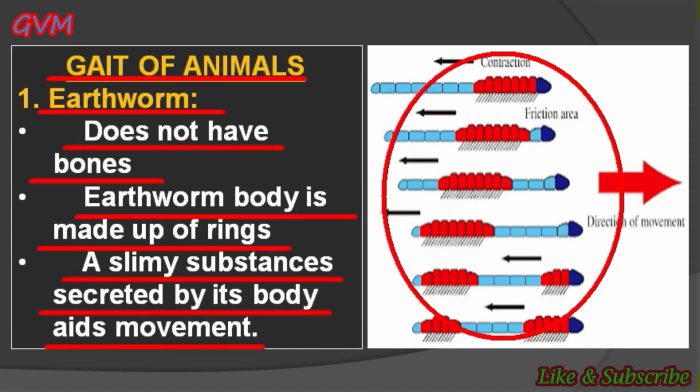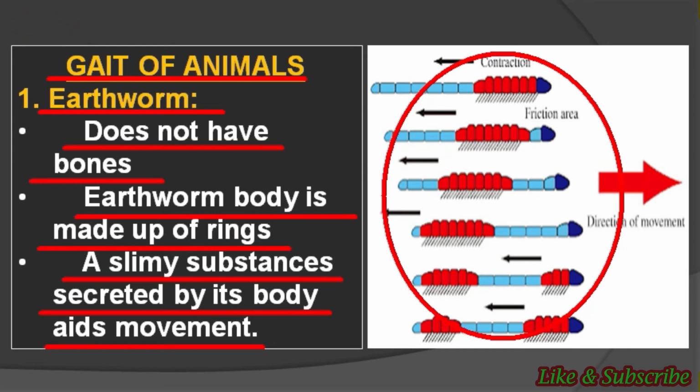Students, as you can see here in this image, earthworms generally travel underground by means of waves of muscular contraction, meaning earthworm contracts its body, which alternately shortens and lengthens the body.